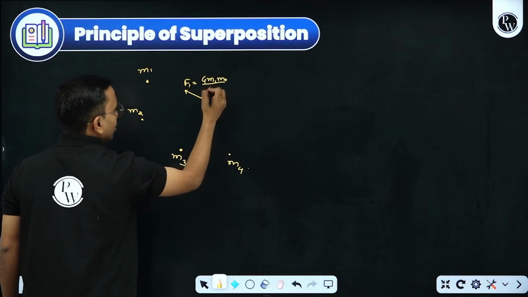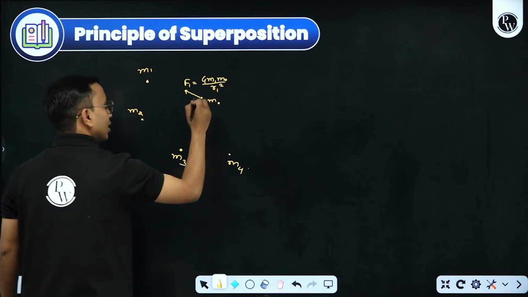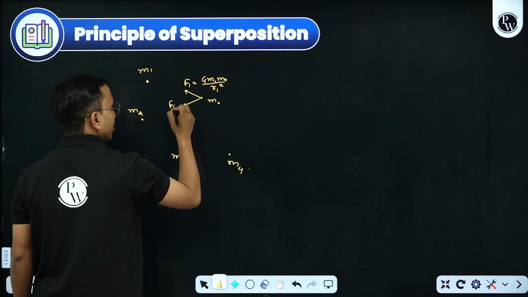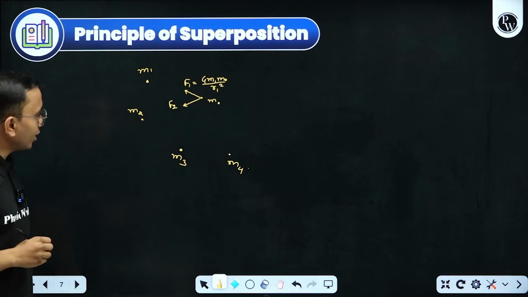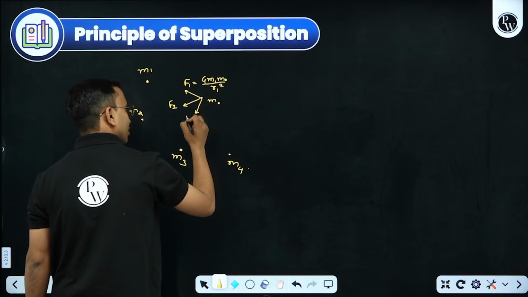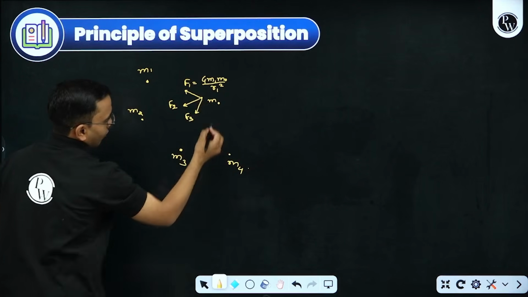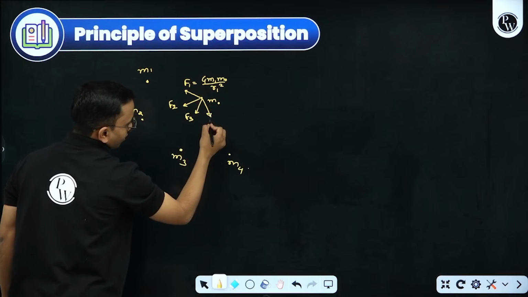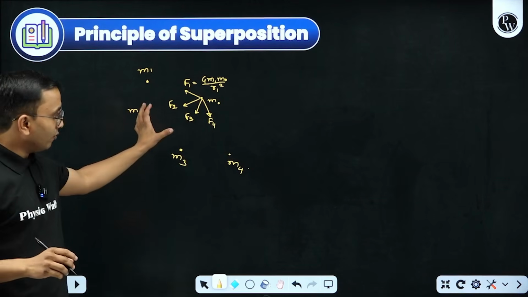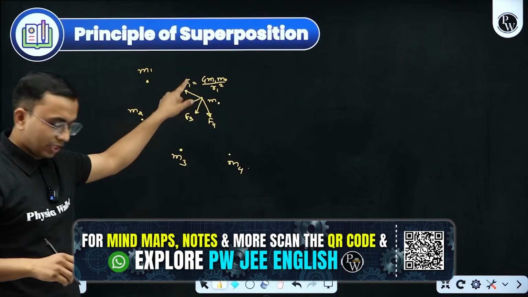Let us take this separation as r1, so r1 square. Similarly, I'll write f2, f3, f4, and when I need to write the resultant force, I'll take the vector resultant of these forces.